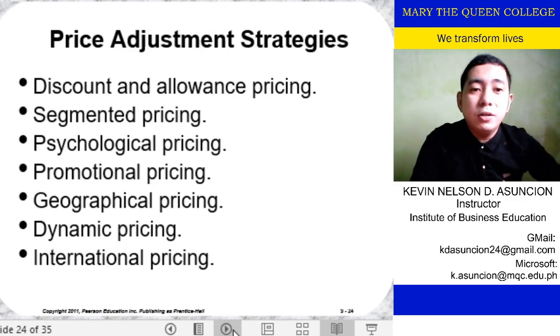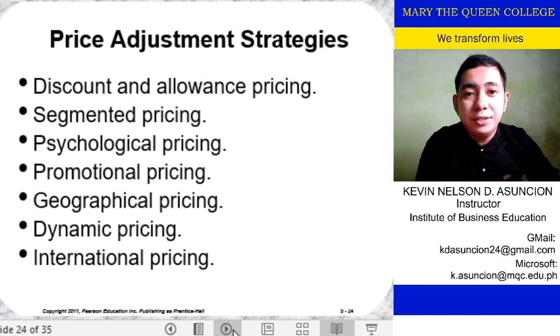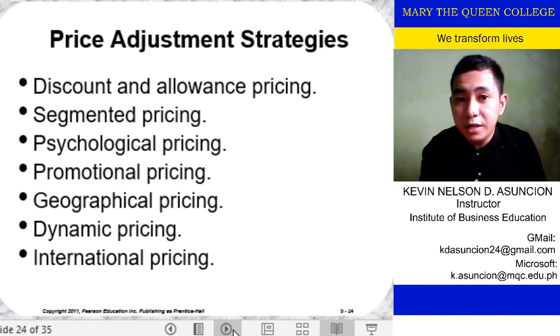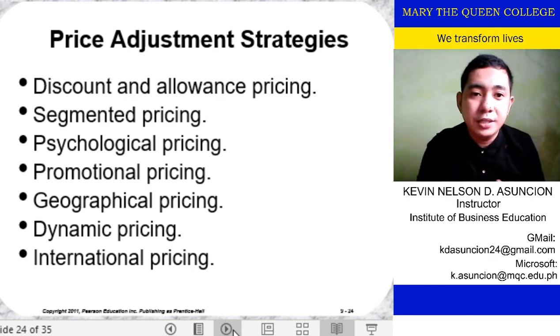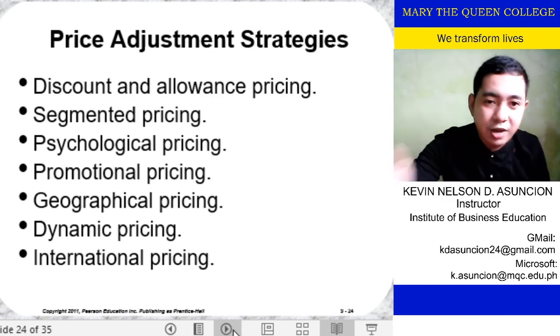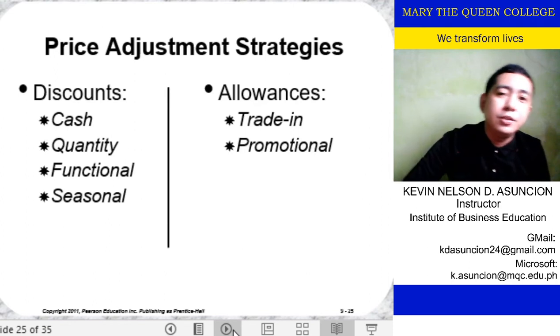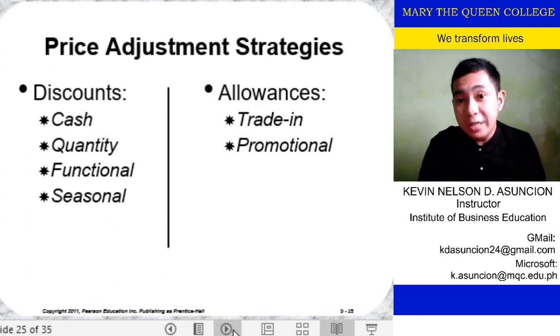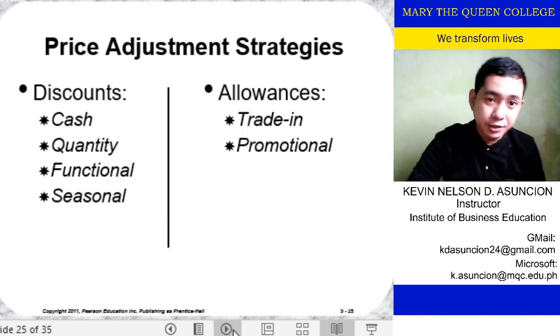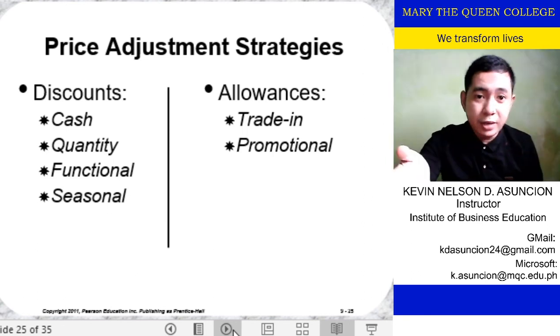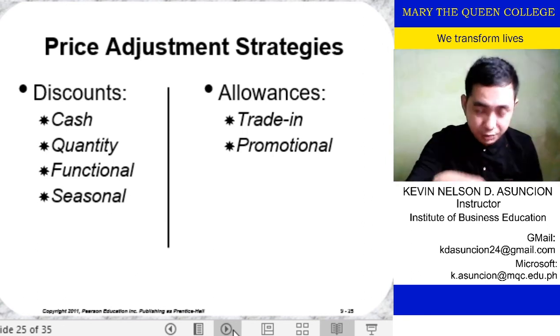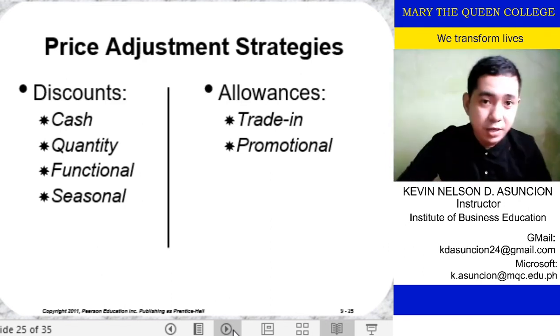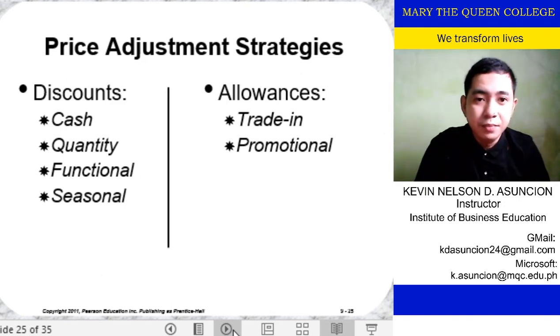So you may also adjust prices, no? Price adjustment strategies. You have discount and allowance pricing, segmented pricing, psychological, promotional, geographic, dynamic, and international. So how do you deal with this? So you make price strategy adjustments, discounts, cash, quantity, functional, or seasonal. So there must be an applicable discount to that.